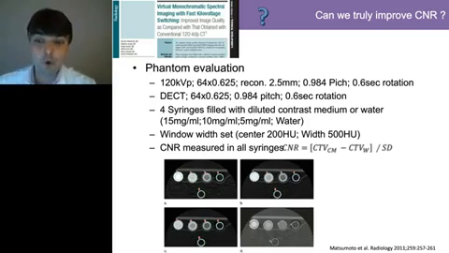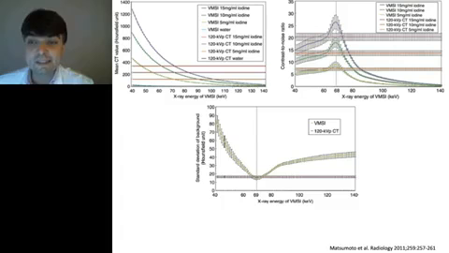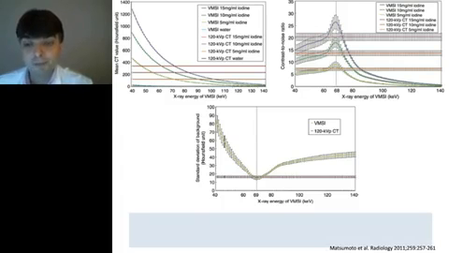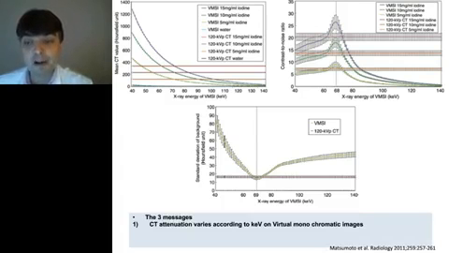Now, if we look at the curves, what do we see and what do we interpret from the curves? Three messages. The first one is the CT attenuation varies according to the energy level on the virtual monochromatic images. Whatever syringe was imaged, all showed different attenuation and attenuation profiles using different energy levels.